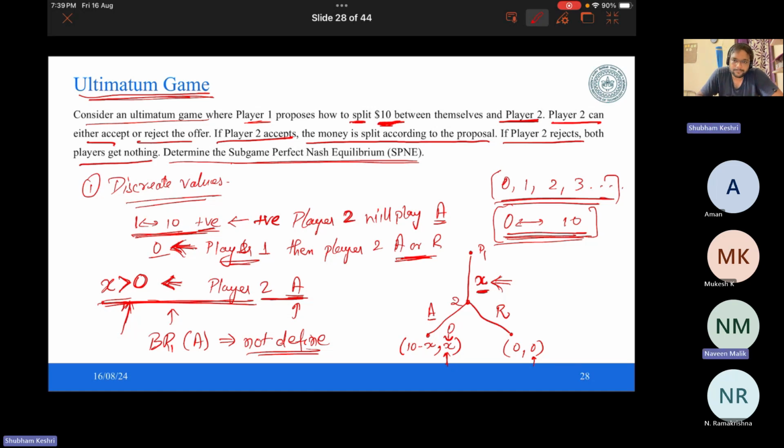But the question comes: if player 1 is giving one offer and player 2 is rejecting that offer, because out of 10, he can split in any way, like 1 to 5. So you see, the idea of Nash equilibrium is what? The players try to maximize their payoff. So when player 2 is playing accept, what will player 1 do at Nash equilibrium? Maximize his payoff. When will the payoff be maximized? When he gives very, very little or just 0 value.